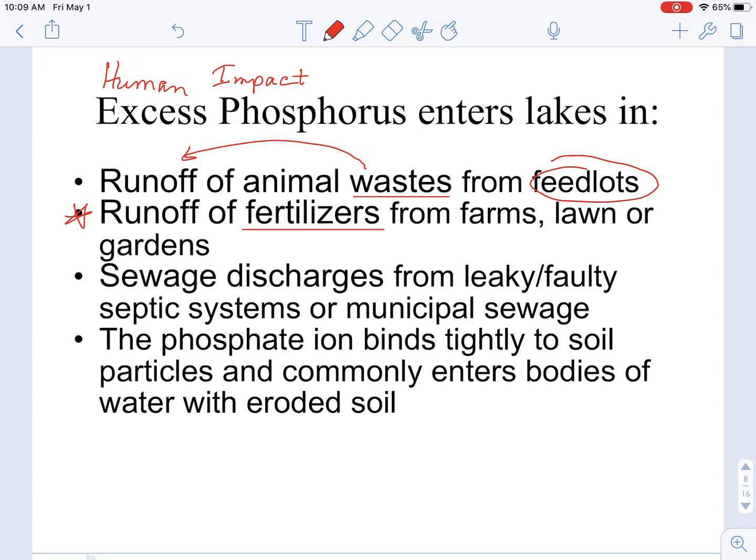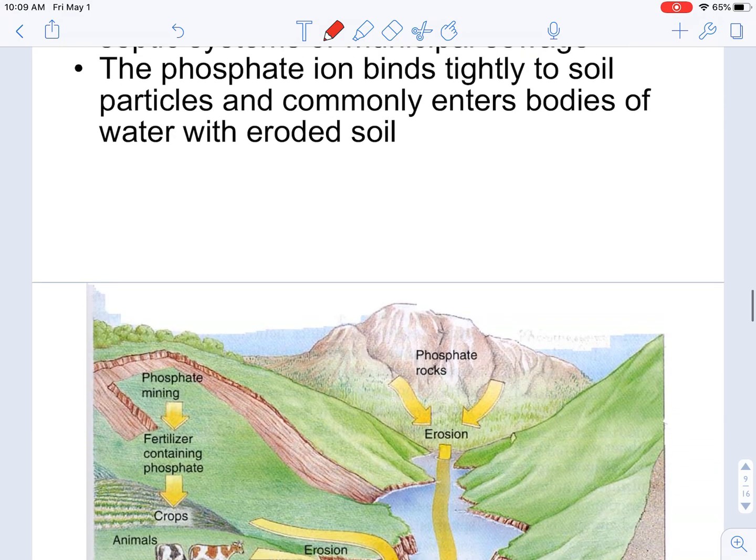Okay, so you should see a lot of similarities between excess phosphorus and excess nitrogen.